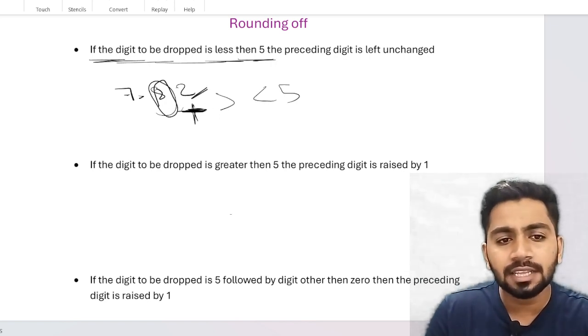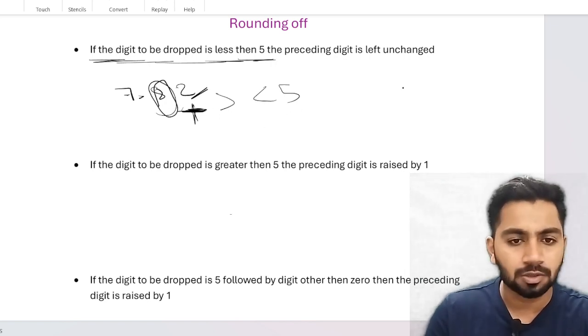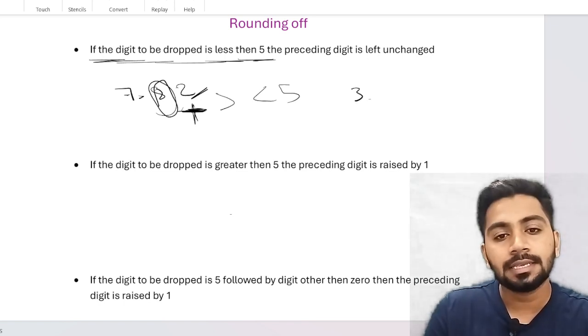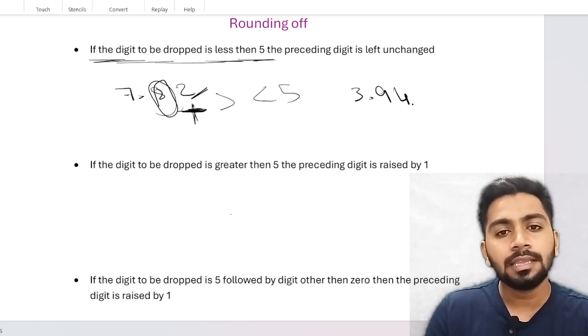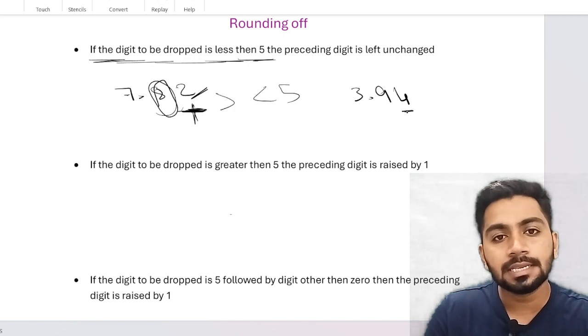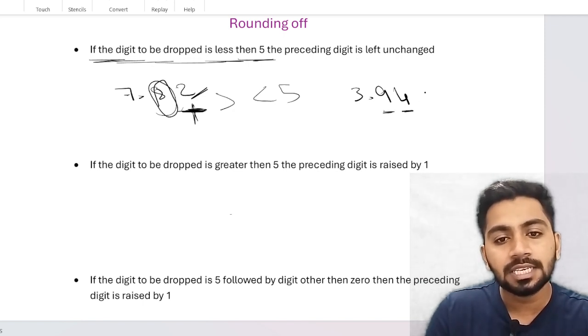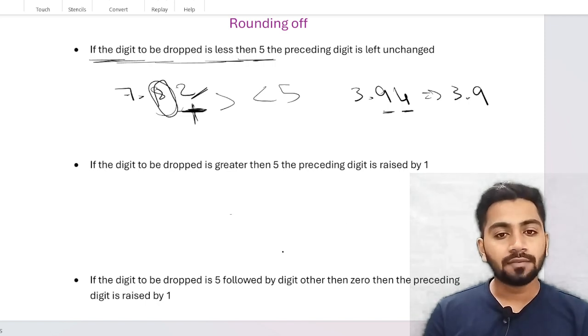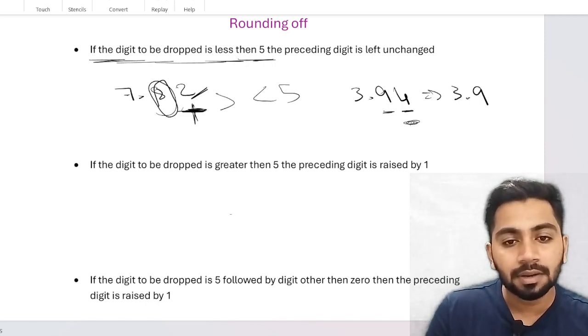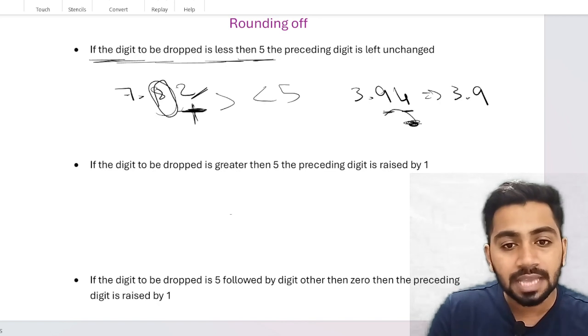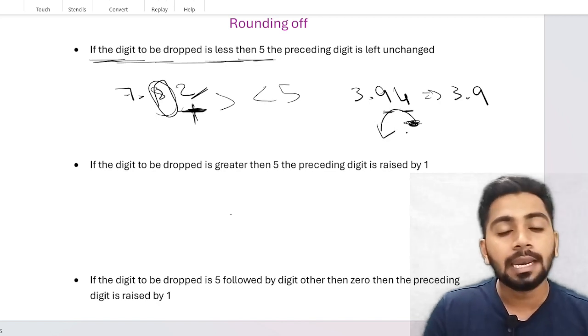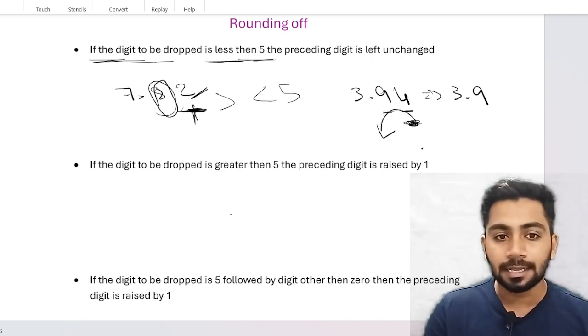If it is greater than 5, we will discuss that also. In 3.94 also, this digit is less than 5, which means the previous number is not going to change. Rounding a number, if the dropped digit is less than 5, the previous number is left unchanged.